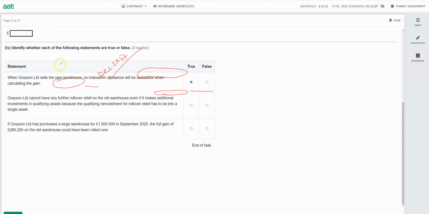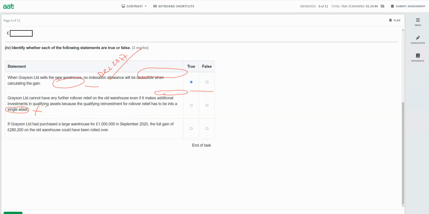That's true. The next one says Garrison Limited cannot have any further rollover relief on the old warehouse even if it makes additional investments in qualifying assets, because the qualifying investment for rollover relief has to be into a single asset. Remember that this one is not the condition.